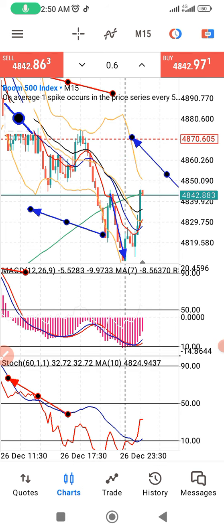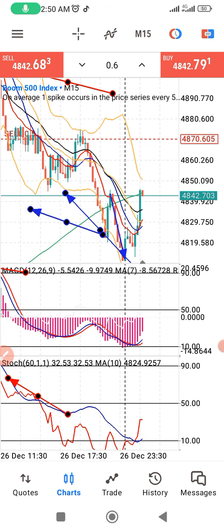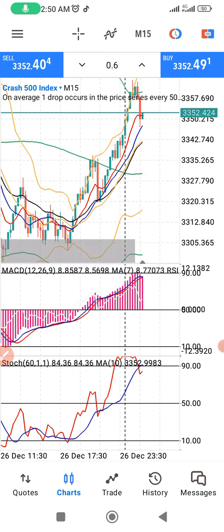I've been holding this trade, and I'm looking forward to take this entry again. Once price closes below this moving average, I'm going all the way down. So these things are pretty much simple.